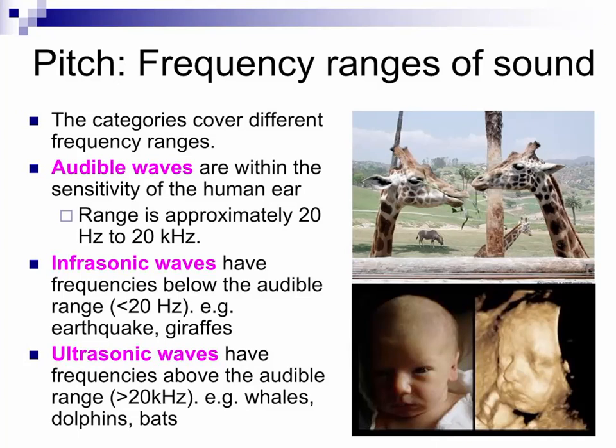Frequencies less than the audible range are called infrasonic waves. That's what earthquakes and giraffes have, low frequency sound. That's why some animals can detect when an earthquake is coming, because they can actually hear it, but we can't. It's outside of the audible range.